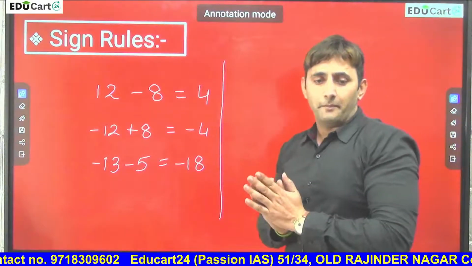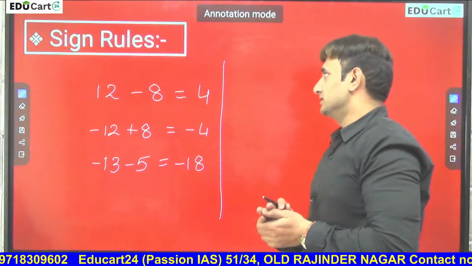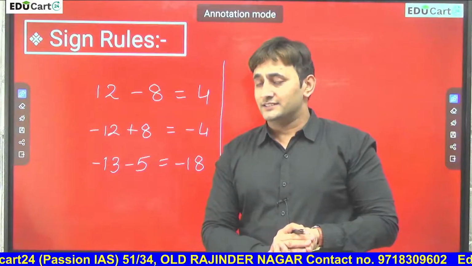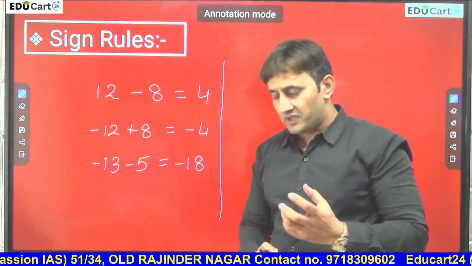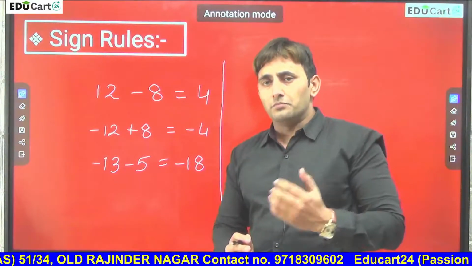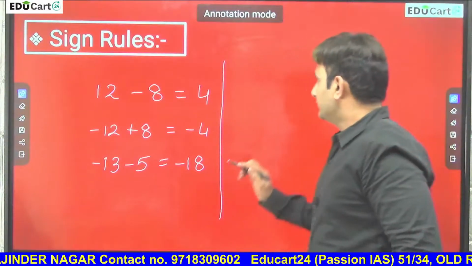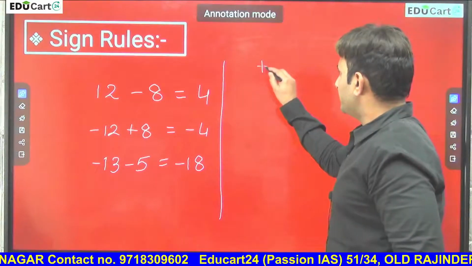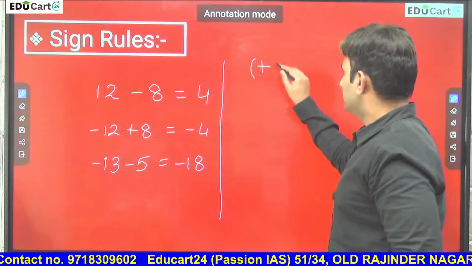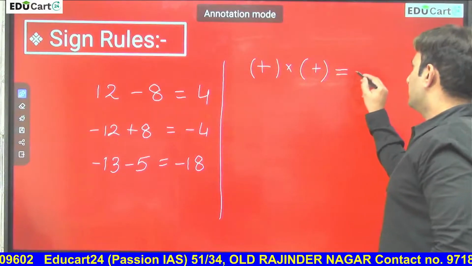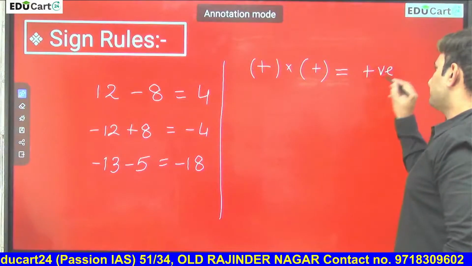Now, what will happen when we are multiplying these numbers? When we are multiplying numbers of the same sign, answer will be positive, and when we are multiplying two numbers with different signs, then answer will be negative. So a positive number multiplied with a positive number, answer will be positive.